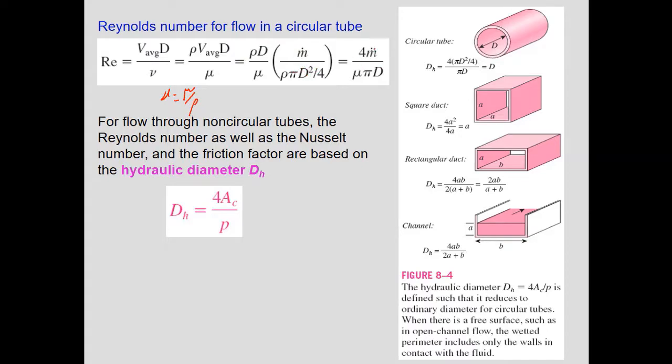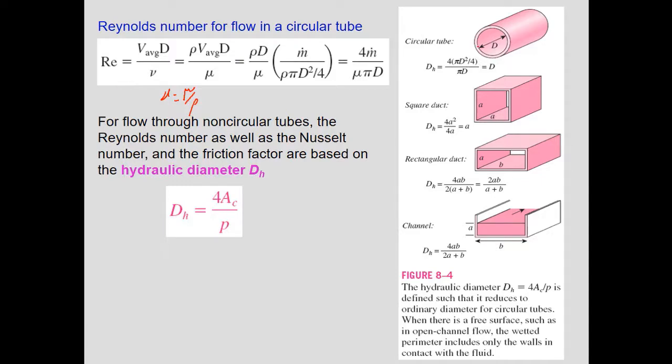Then the final equation to calculate the Reynolds number is 4 m dot by mu pi D. m dot is the mass flow rate of the fluid inside the tube, mu is the dynamic viscosity of the fluid, pi is pi, and D is the diameter of the tube. So by this you can calculate the Reynolds number and say whether the flow is turbulent, laminar or transient.